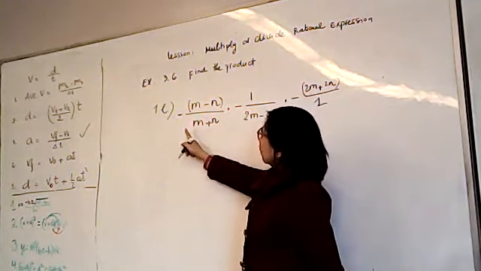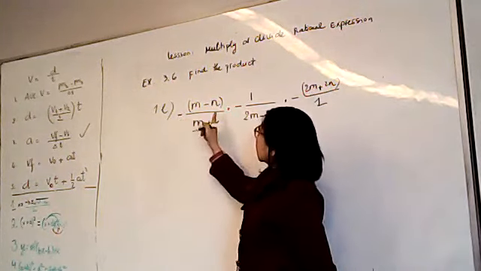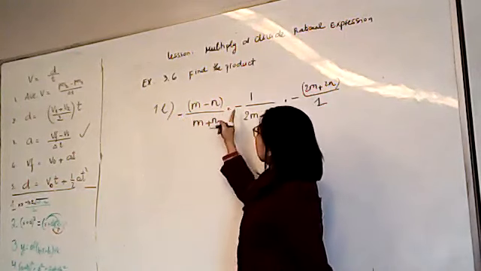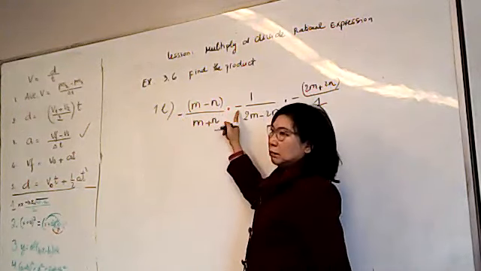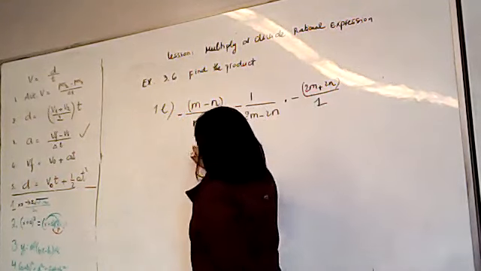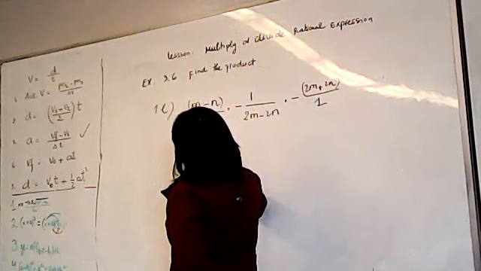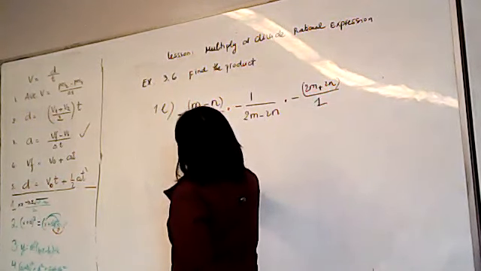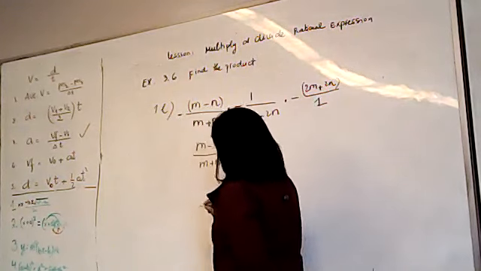So let's think about this. I'm going to take care of the sign first. Negative times negative becomes positive, right? So I'm going to just copy it exactly the same, but instead of negative, it's just positive. n over m plus n.